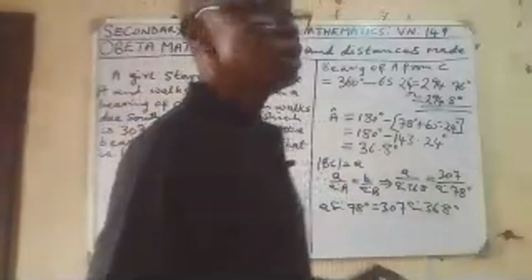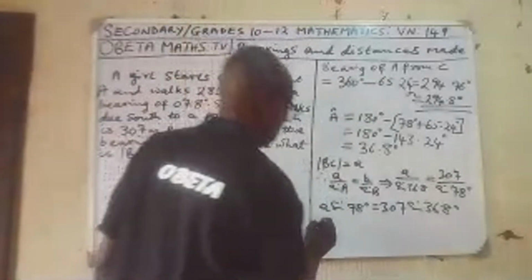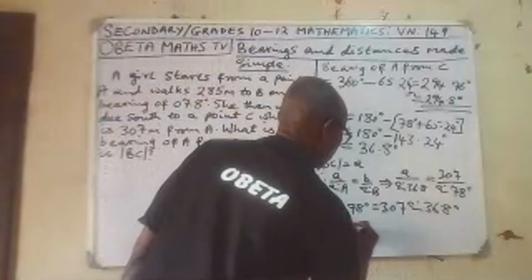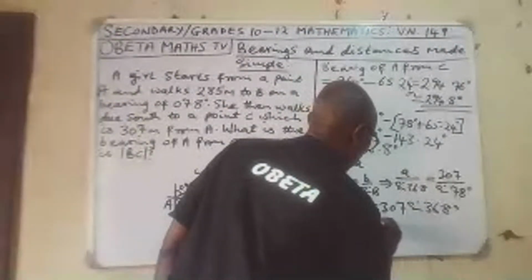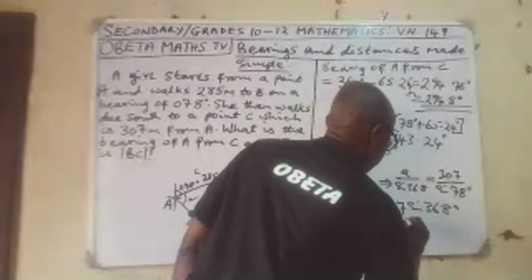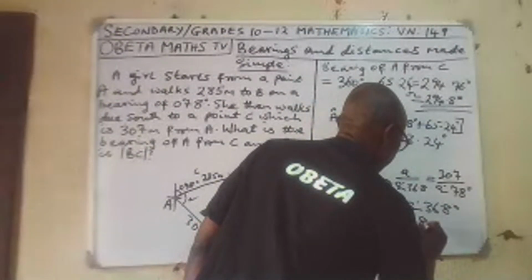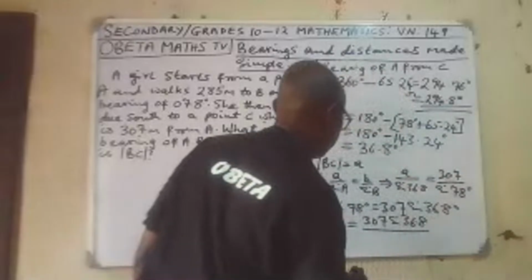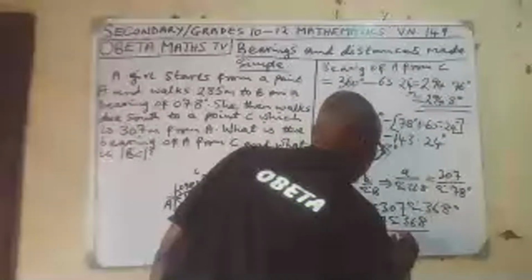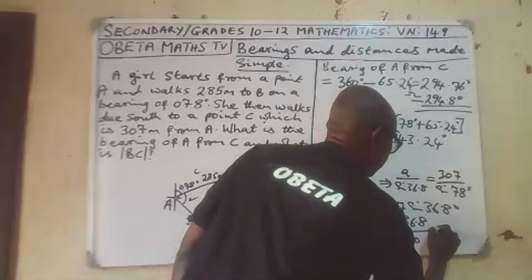So in continuation, therefore a is equal to 307 sine 36.8, and we are dividing it by sine 78 degrees.